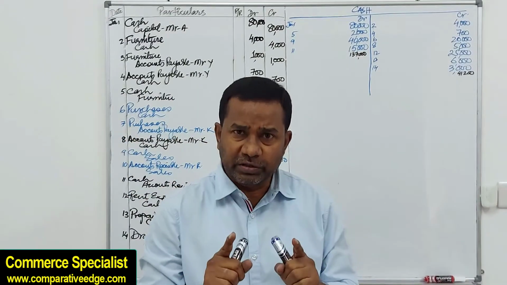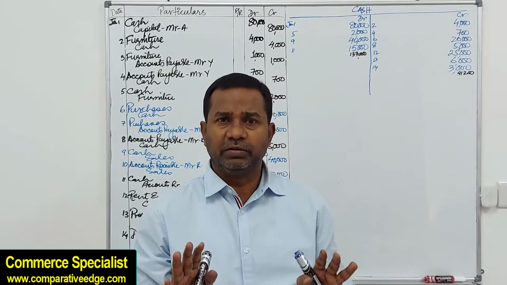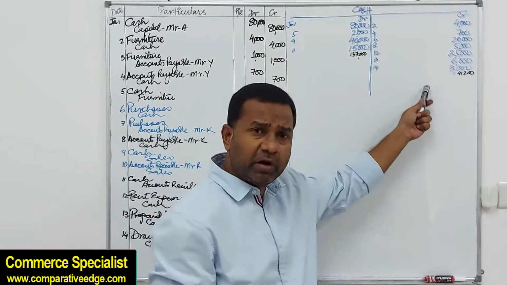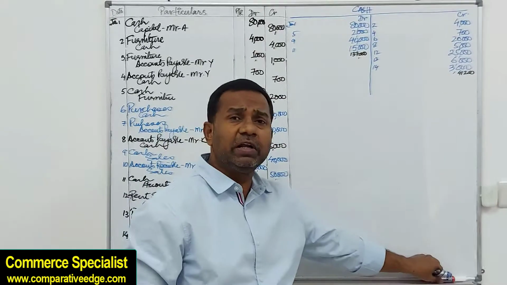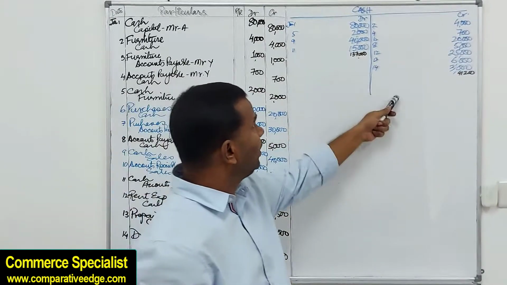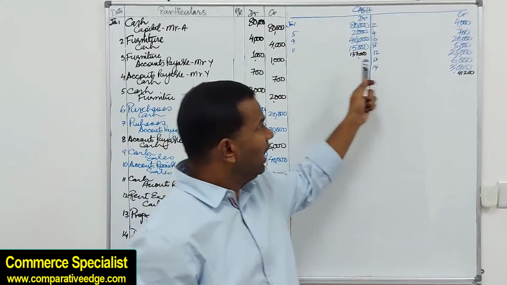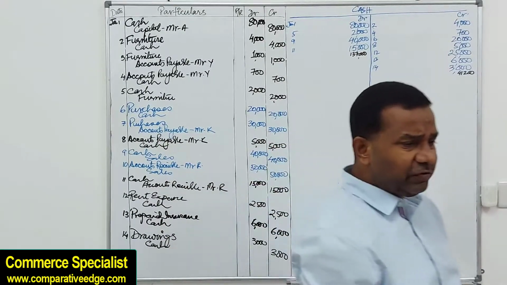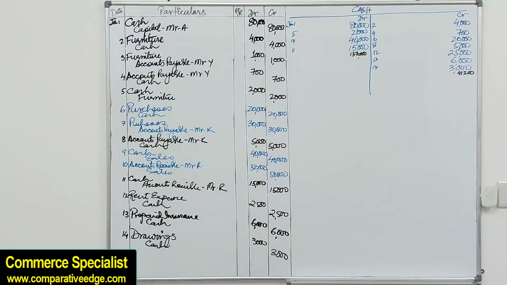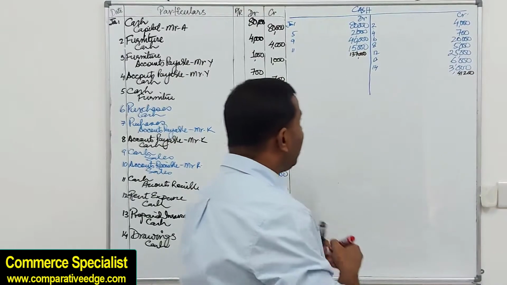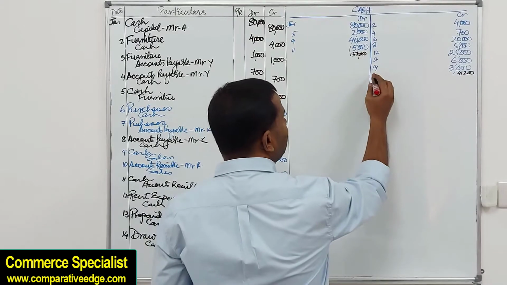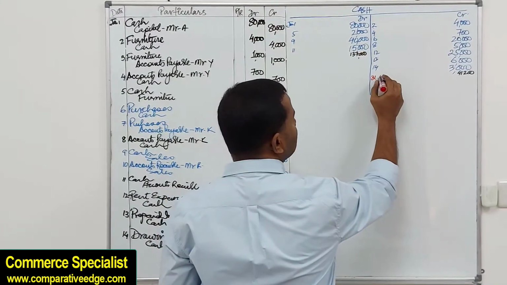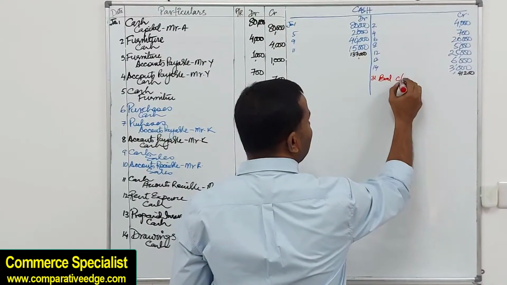Guys, please remember this, the most important part. The difference between the debit and the credit side is always written at the lower side. Which side is lower? This is 137,000 and this is 41,200. So when you find the difference, it is always written at the lower side, which is 95,800. I'm going to write here end of the month, because this is the lower side, 31st. I'm writing here balance carried down.